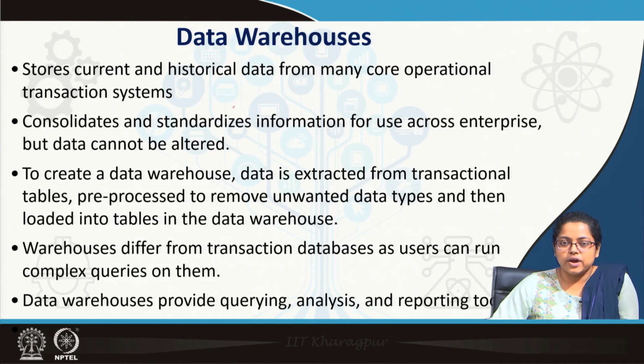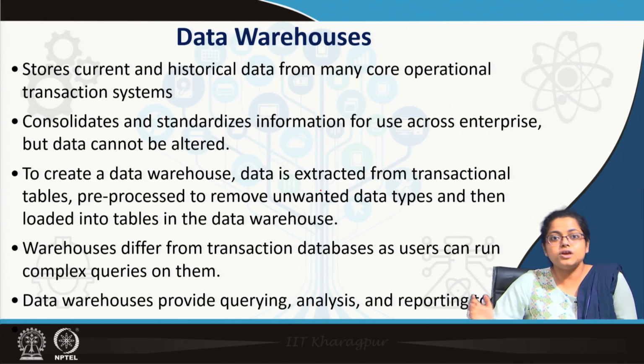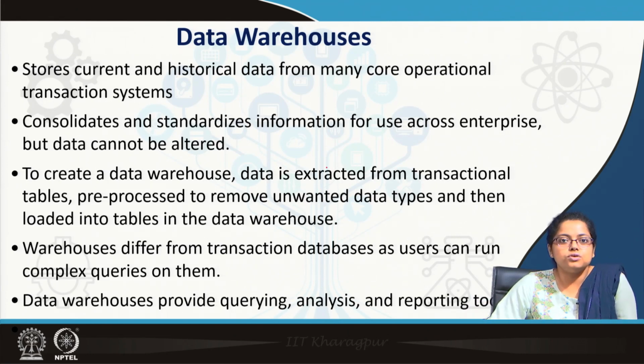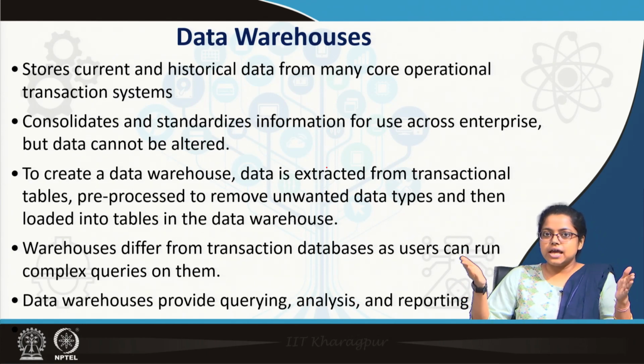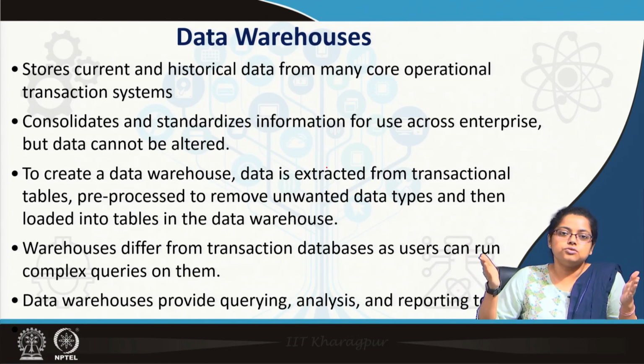To create a data warehouse from multiple databases, data is extracted from transactional tables, pre-processed to remove unwanted data types, and then loaded into tables in the data warehouse. So, 3 steps: extraction of data from relevant transactional databases, pre-processing of data, and then loading the data into tables. This entire process is called ETL, or extraction, transformation, loading.